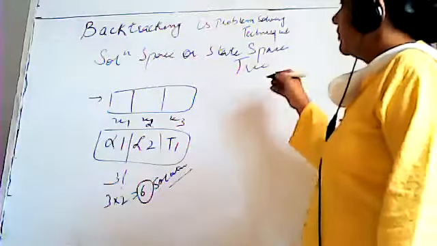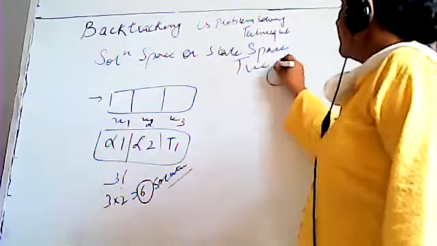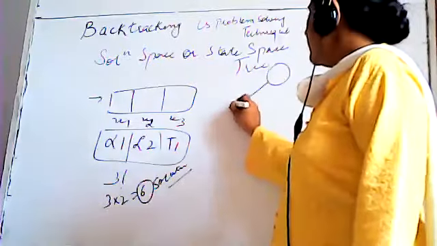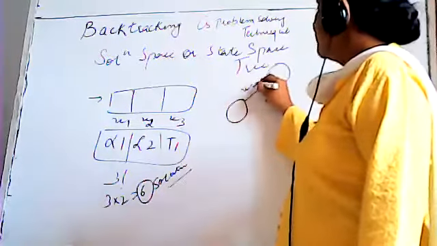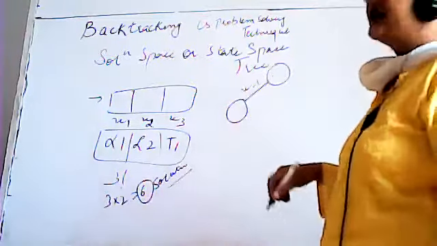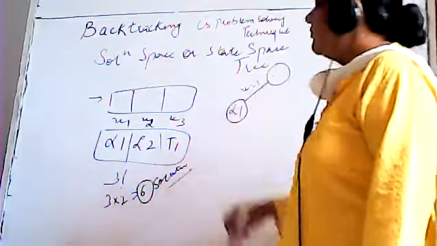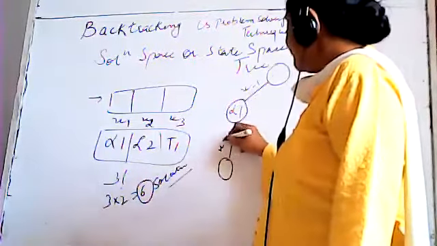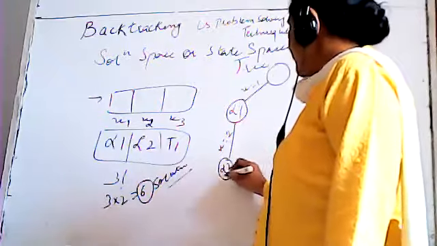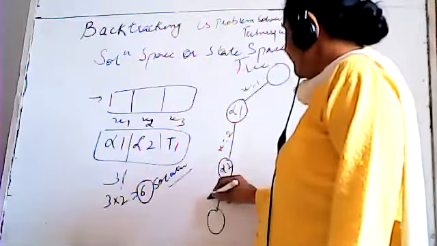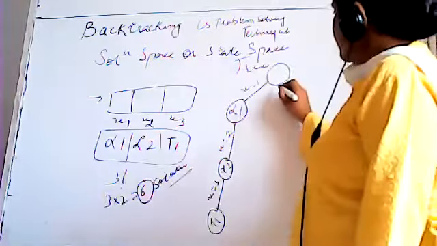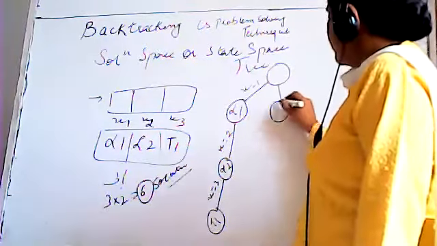So let's start finding the solution. This is your root node. First, you will put x is equal to 1, that means on the first chair lawyer 1 is sitting. Now on the second chair lawyer 2 will sit, and on chair 3 teacher 1. What is the second possible combination?